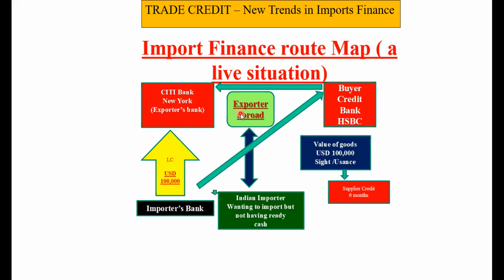And the exporter is called beneficiary. And this is the supplier credit. Okay. And this bank is again arranging with another bank abroad, another 6 months time as per RBI guideline. That credit is known as what? Buyer credit. So these are the words you have to familiarize. One slide I will share with you. Okay. So any question? Have you understood?